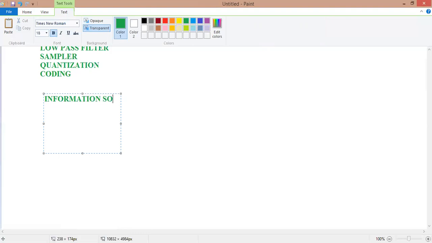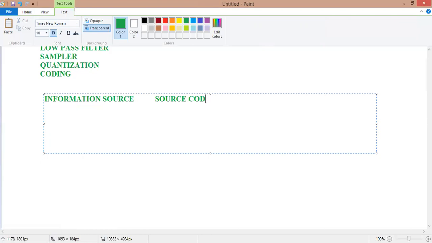After the information source, the input is passed to the source coding block. These are the important blocks for our digital communication.